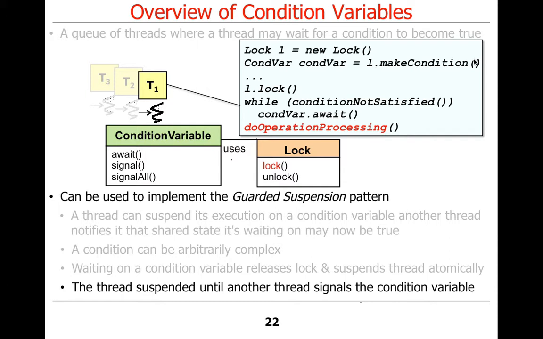So I always like to remember the differences in my mind as follows. Things like mutexes or synchronized blocks or even reader-writer locks are used to keep others at bay while you do your thing inside a critical section. That's the purpose of those locks. Conditions are a little different.